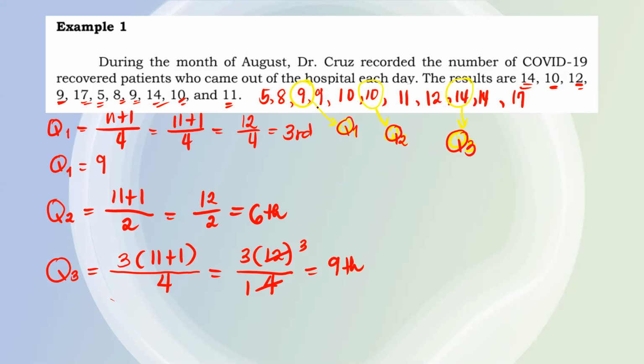So, hindi tayo dito gumamit ng Mendenhall and then ng interpolation kasi sakto yung pag-locate natin, sakto yung location ng mga quartile natin. Okay? So, later on, kasunod nito, magbibigay ako ng hindi sasakto, no?